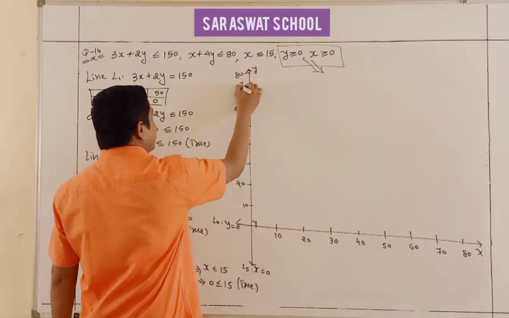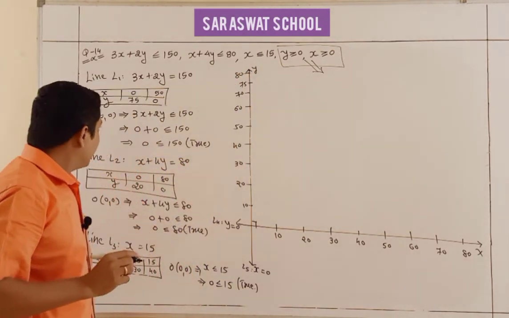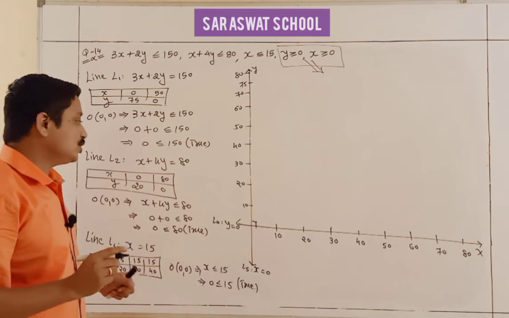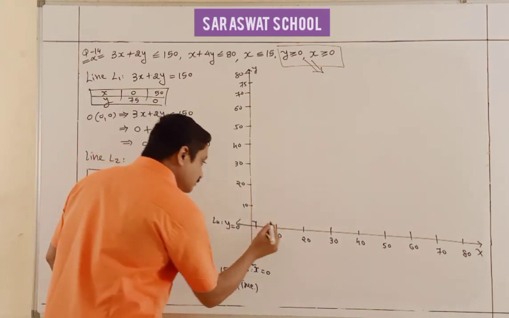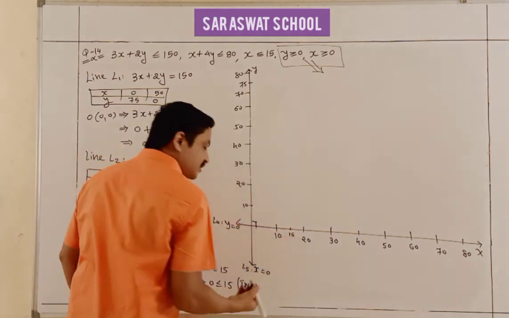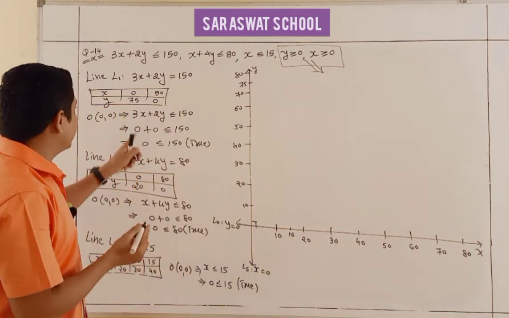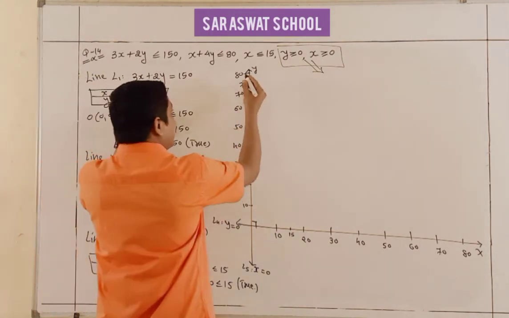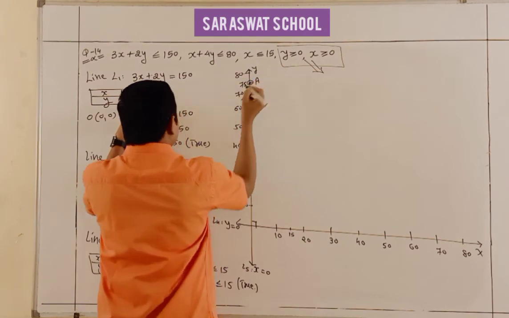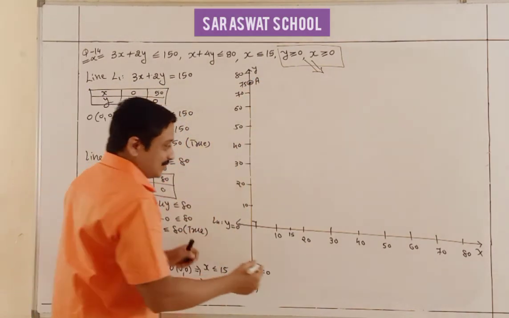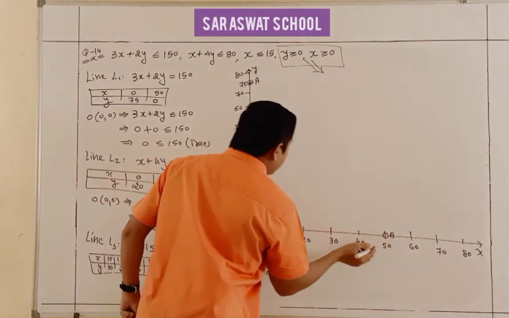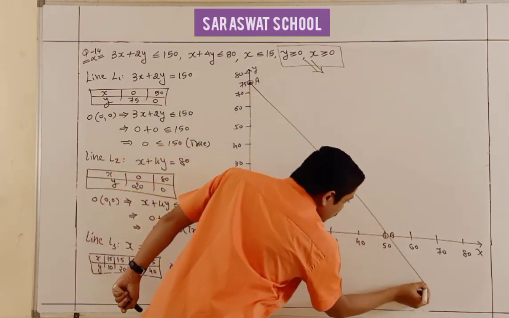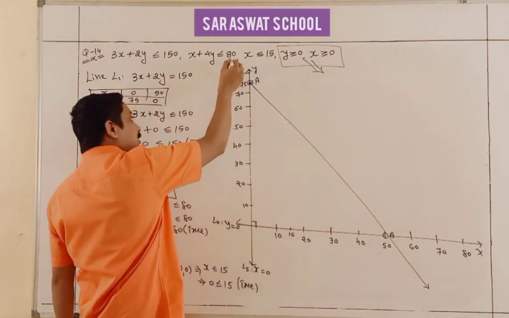Definitely 75 here. And I just put in your lines. 15 is here. Correct? So first point, I plotted 0 to 75. Here second point is 50 to 0, here B. And both connected. It is a straight line A to B.